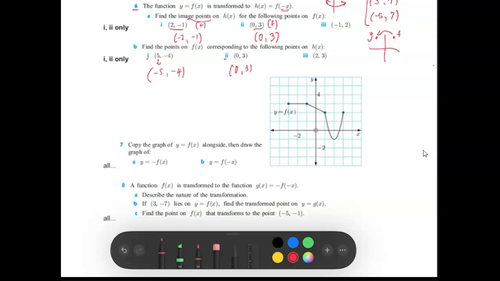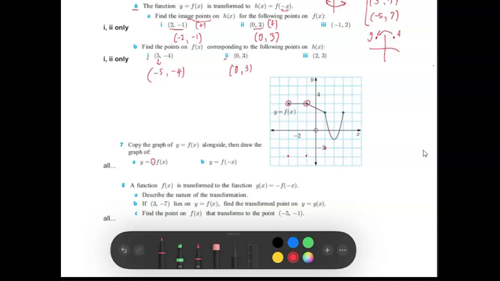Okay, so we have this picture here, and then we're going to draw the graph of the vertical reflection of this picture over the x-axis. Okay, so for example, we're going to take this point here, which is 3 units above the x-axis, and then I'm going to draw it down here, because I'm just reflecting them over the x-axis, right?